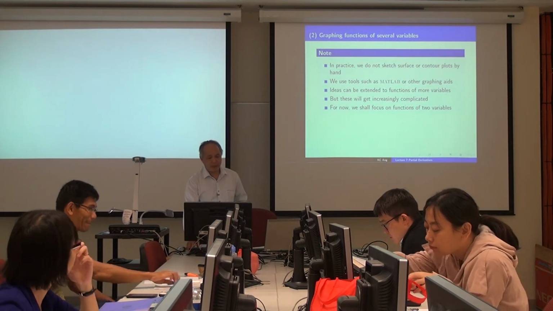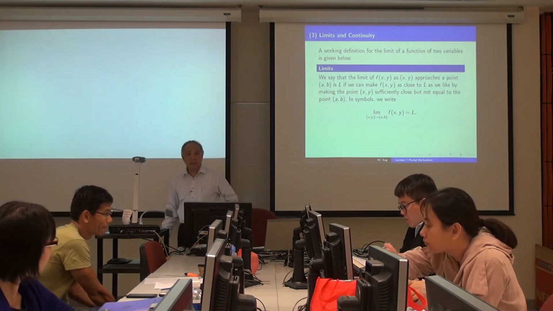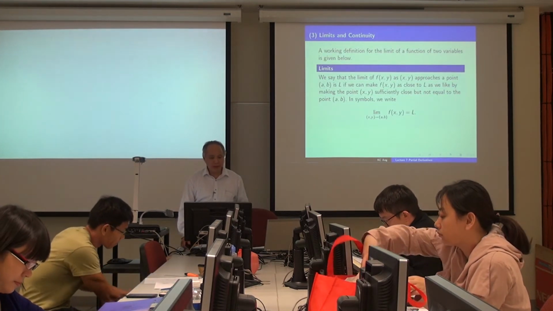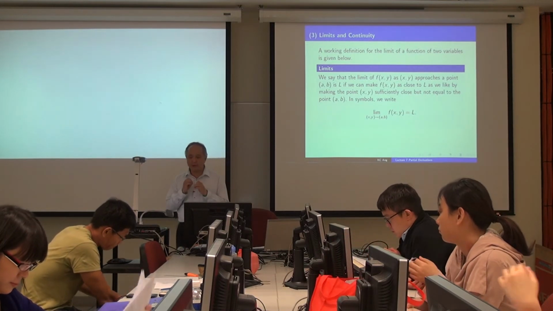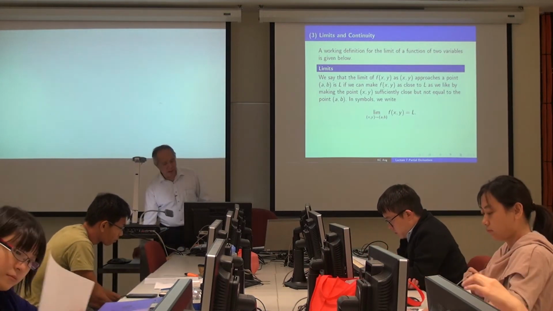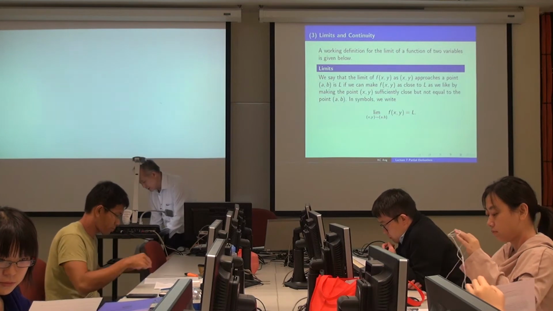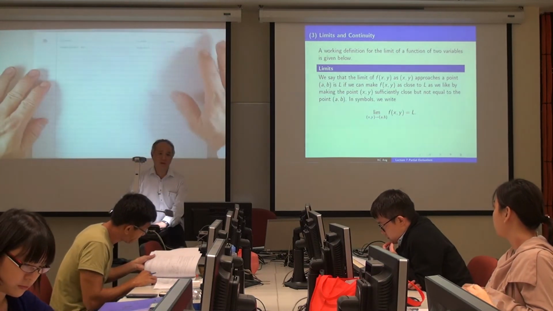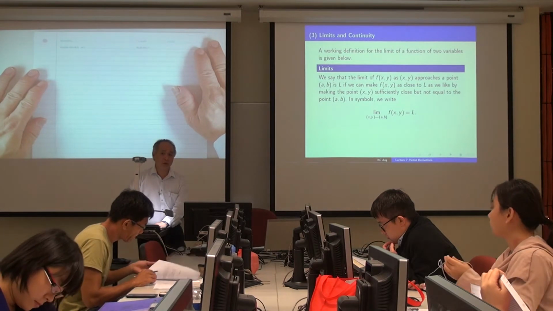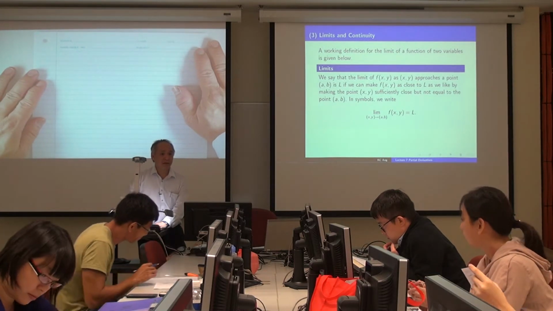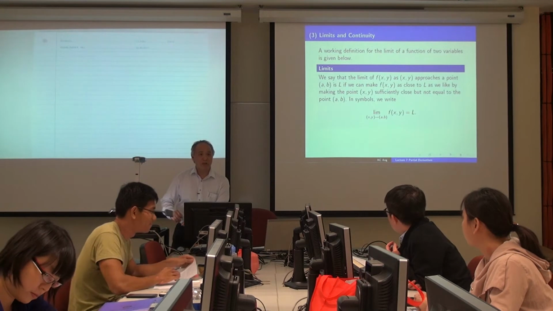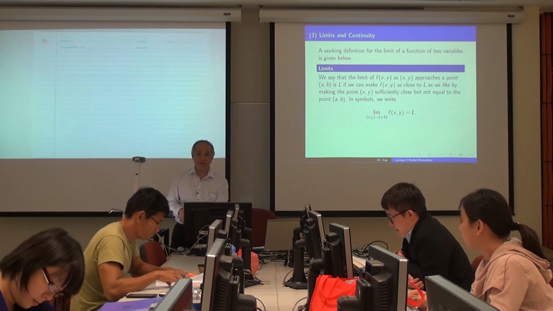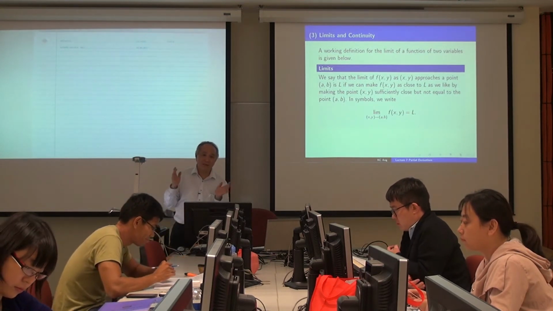Okay. The next concept before we take a break will be the idea of limit. I'm sure you have come across the formal definition of a limit for a function of 1 variable, the epsilon delta definition, which everybody loves.